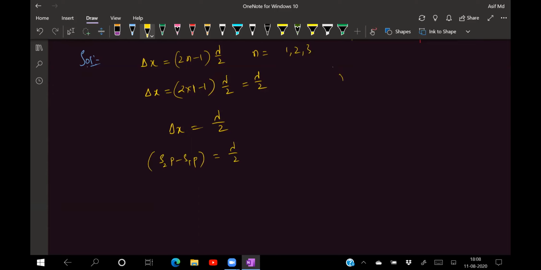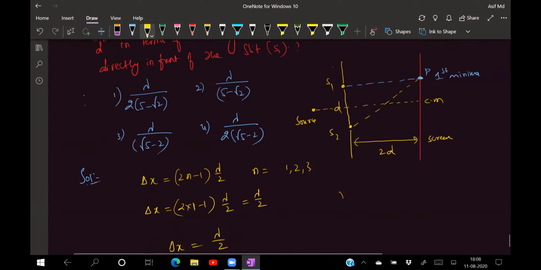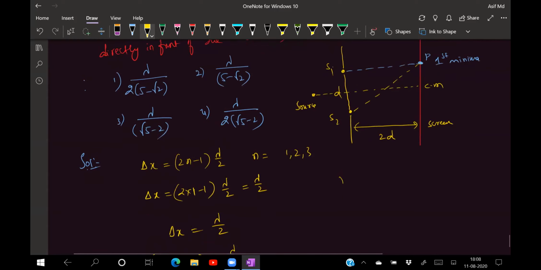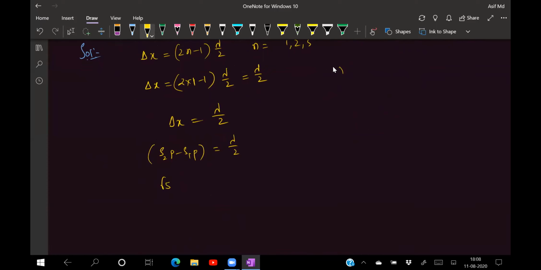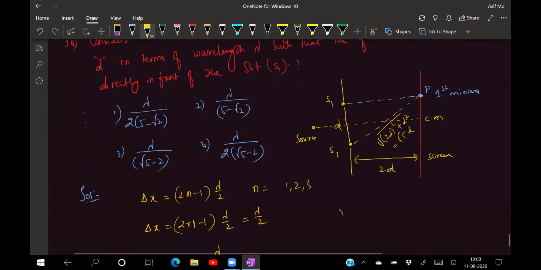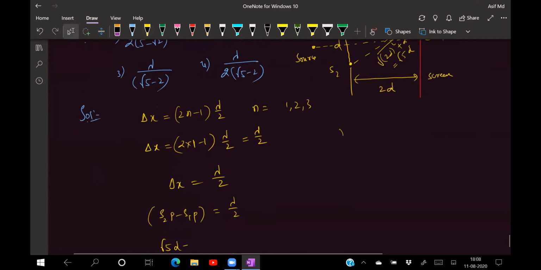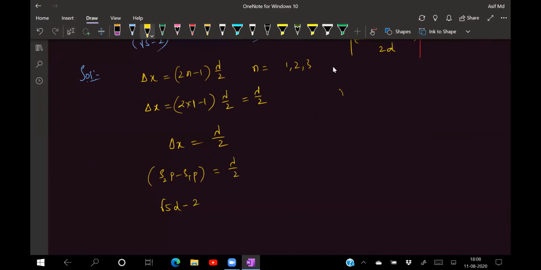Now from the figure, let us see what S2P minus S1P comes to. S2P is under root of (2D) whole squared plus D squared, so this becomes √5 D, minus S1P. S1P is nothing but 2D. So √5 D minus 2D is equal to λ/2.